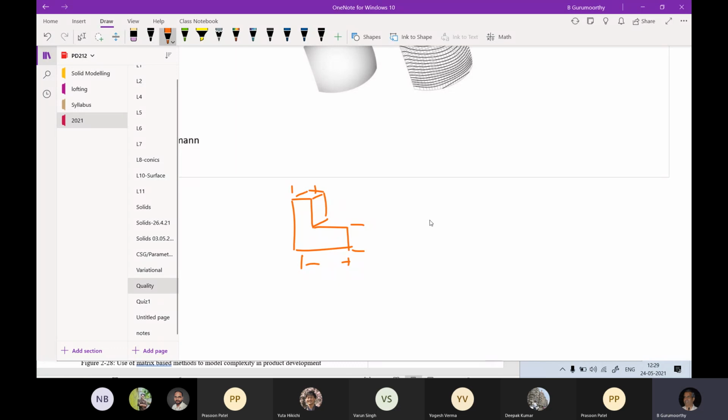But it may turn out that if I do some very interesting things to this shape, I may get a very optimal shape that looks like this. And I'm just doing the 2D part of it. I shouldn't have extruded it. So I may get some shape that looks like this, or I may get some shapes where I have some cavities built in on the inside of this also.